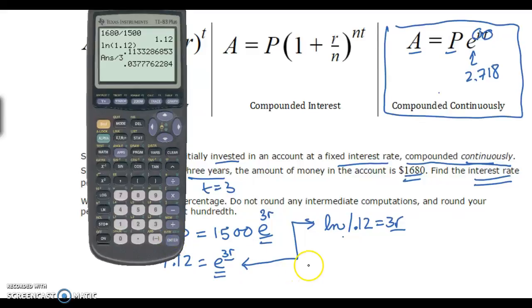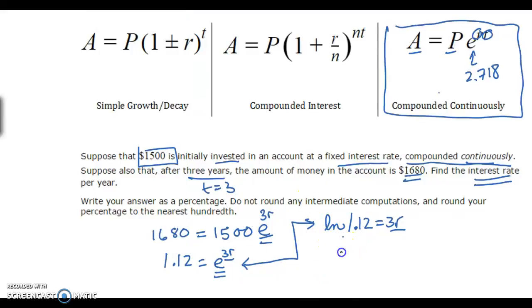So r is going to be 0.03777. r equals 0.03, a bunch of sevens and some other stuff. But we're supposed to write our answer as a percentage and round our percent to the nearest hundredth. So r equals 3.78%.